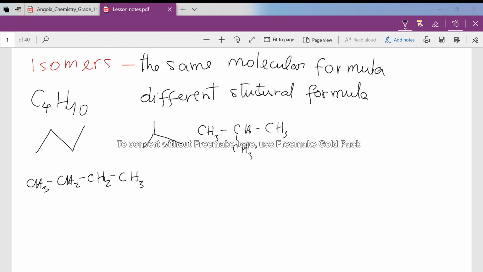Remember the general formula is CnH2n+2. If n is equal to 4, it will be C4H, 2 times 4 is 8, plus 2, 10.